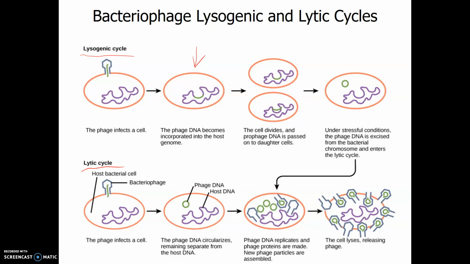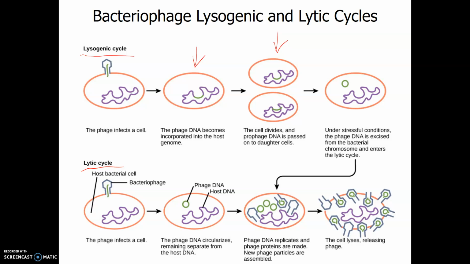And then every time the cell divides, it reproduces by asexual reproduction or cloning. It's called binary fission. Each new bacterial cell that's produced is going to have a copy of that viral DNA, which under stressful conditions, so let's say that it's a herpes virus, a person who has contracted the herpes virus has that condition for life.